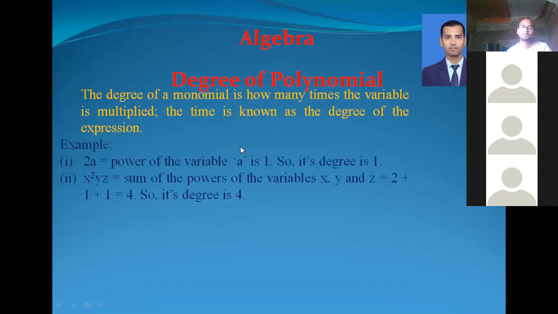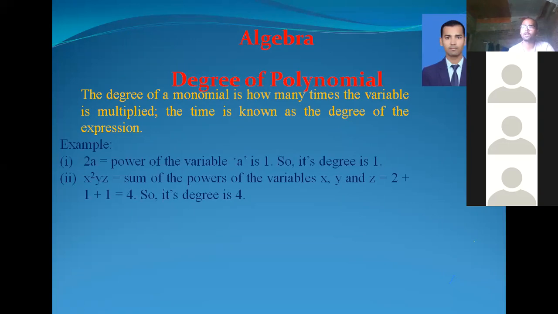Example. In 2a, the power of the variable a is 1, because there is no power on the variable a. That's why we have 1 as the power. If there is nothing as power and the coefficient, we consider 1 as the power.